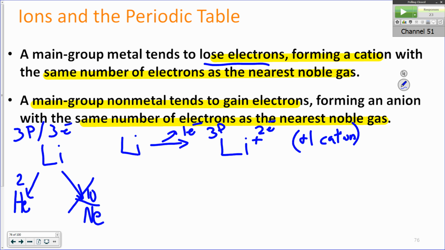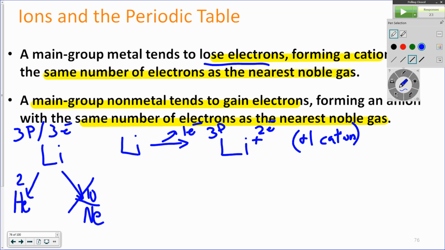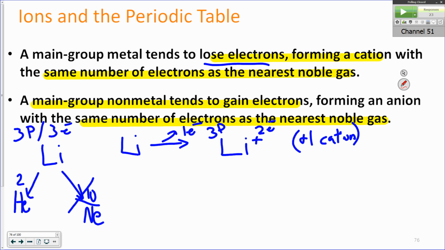Now, what happens with the nonmetals? The nonmetals are going to pick up electrons. They're going to try to be like the nearest noble gas as well. If I look at something like fluorine, its nearest noble gas is neon.